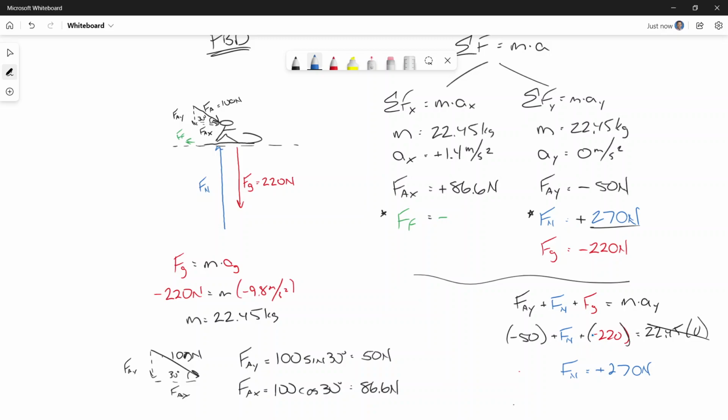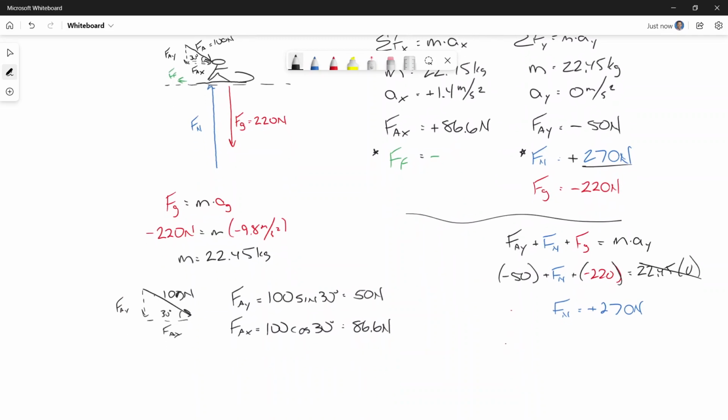So I'm halfway there. And now what are we going to do with this other piece? Well, I'm going to slide down in here, and I know that the sum of these forces, Fa in the x, plus friction, is equal to the mass times the x acceleration.